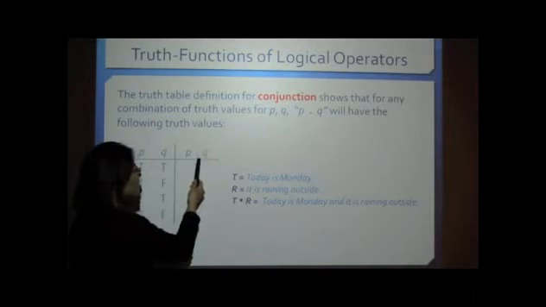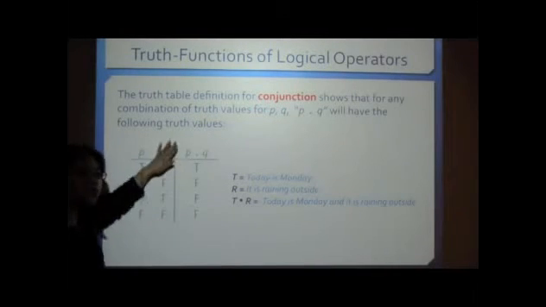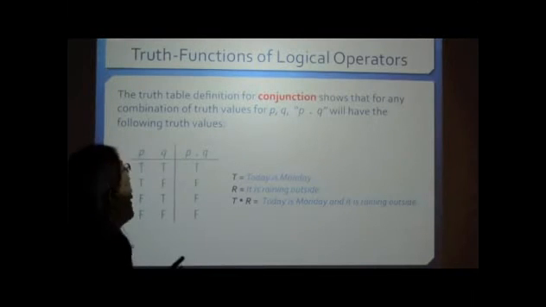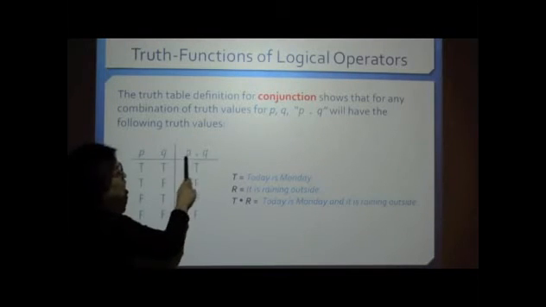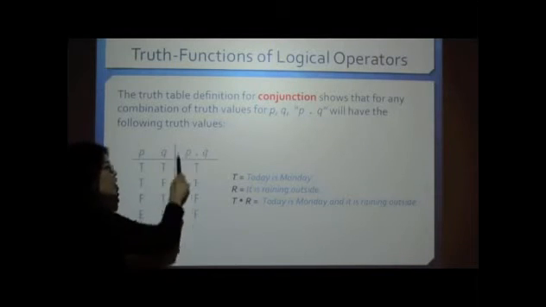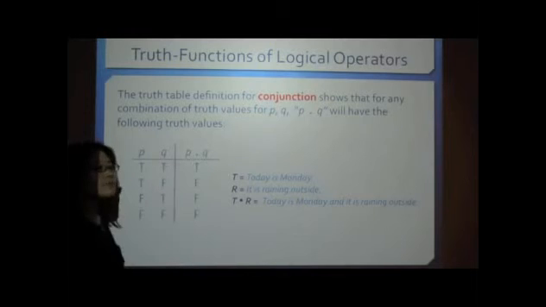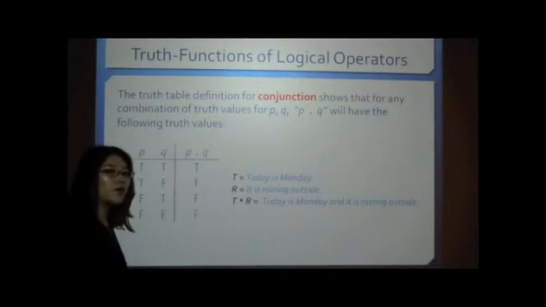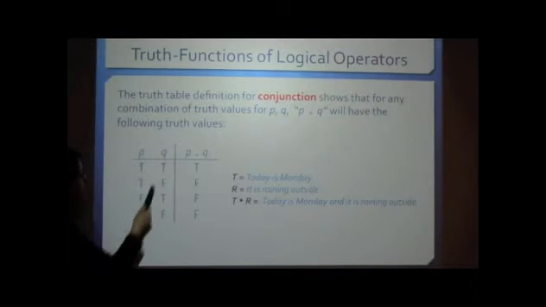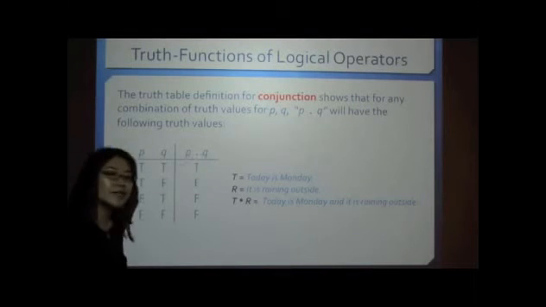Given this form of a statement, you have this truth table which defines the truth function of conjunction. Now, because we have three components here, the P, the Q, and the dot logical operator, the truth value of the conjunction P dot Q will depend on those three components. First of all, it will depend on the truth of each statement, P or Q, and then it depends on the meaning of that dot.